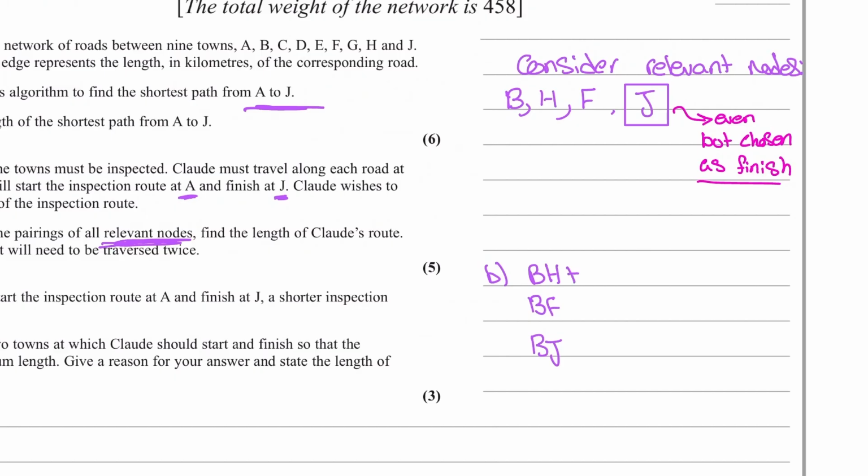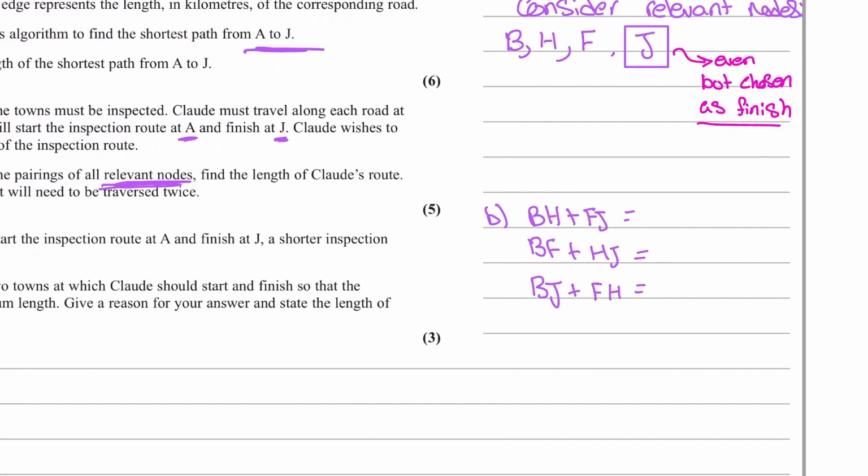So we're going to add this with FJ for this one, and for this one we're going to add HJ. And for this one we're going to add FH. So we want to find the shortest path between these combinations. So we want to find what BH is first.